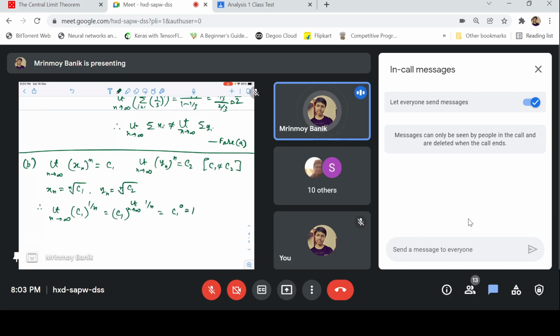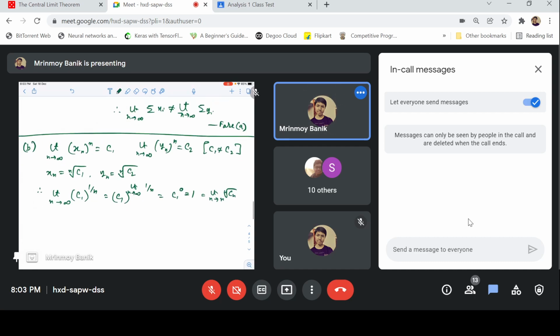C1 power 0 is 1, and similarly C2. So this is also false.